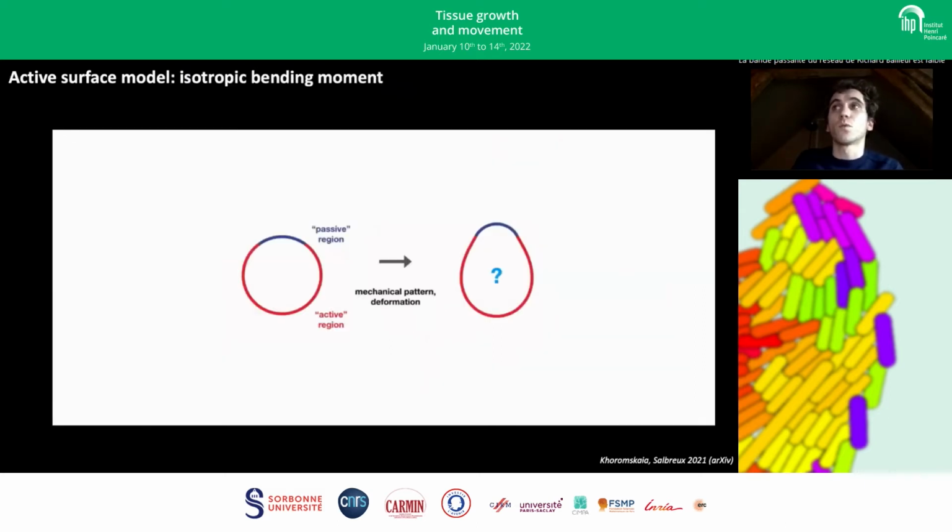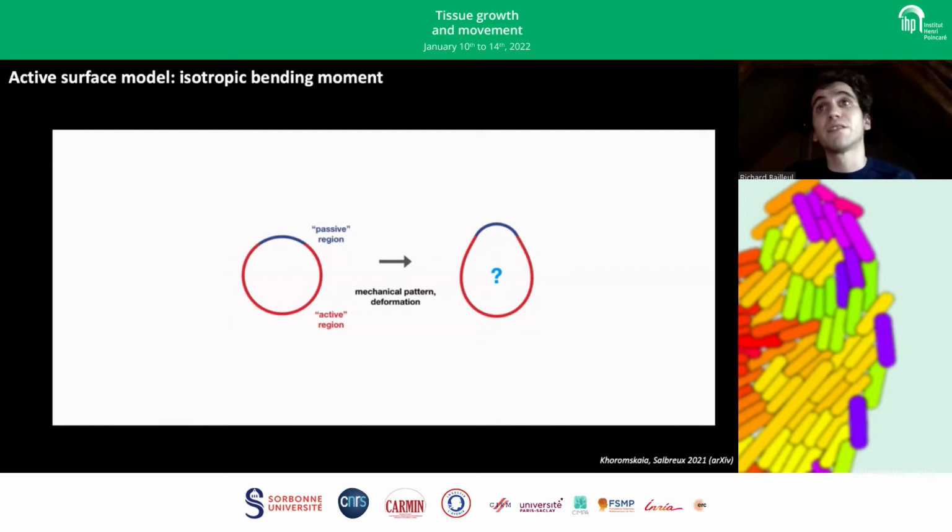So what is the framework? I mean, how did Diana and Guillaume study these deformations? They do like this. They put an active region in the bottom, which in this case has an active bending moment, an active torque, and a passive region on the top in the blue.